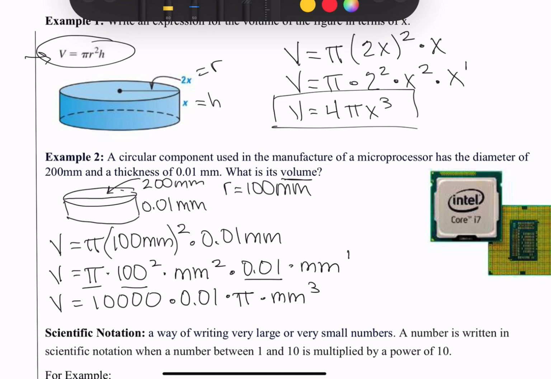So really what I can do in multiplying 10,000 times 0.01 is move my decimal place back 2 places, because this is really the same thing as 1 over 100, right? And 10,000 divided by 100, we're going to move our decimal 2 places backwards. We're going to end up with 100. So this is actually going to be 100 pi millimeters cubed. And that's going to be the volume of that circular component. Notice I didn't even use a calculator.